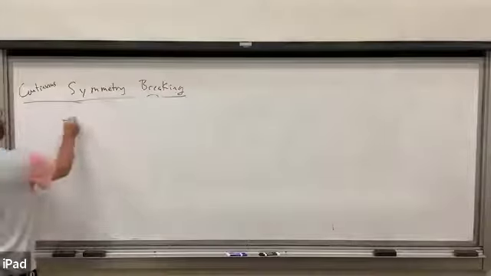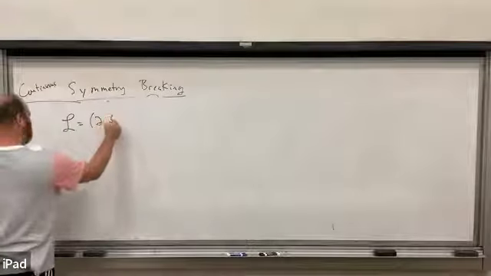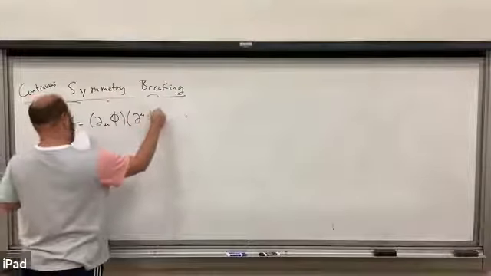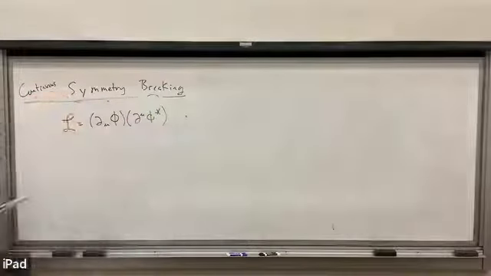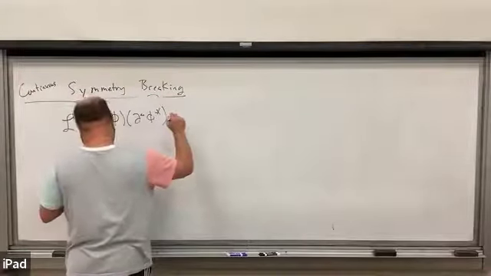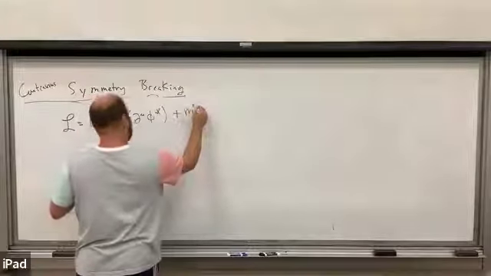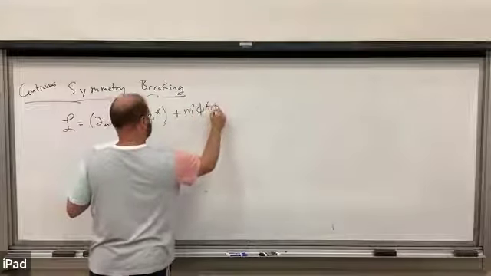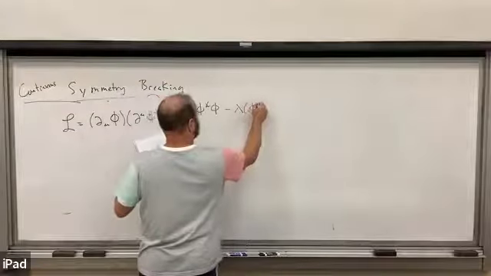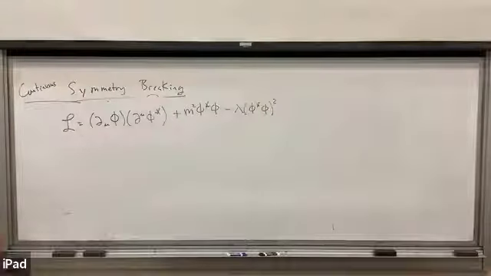But let's consider the following Lagrangian. Basically d mu phi. Now I'm going to consider a complex scalar field, and I am going to put in a mass term, and a fourth power or quartic interaction.